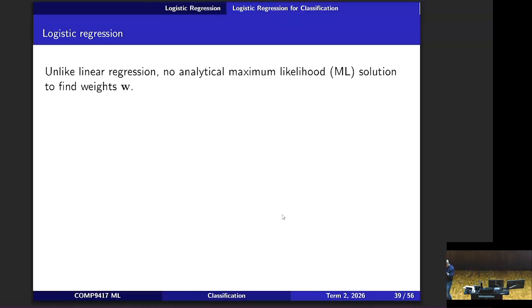Unfortunately, the answer to that is no. So what do we do when there's no exact solution? How do we train something? How did we do it for linear regression? We're in the framework of maximum likelihood. What do we do?